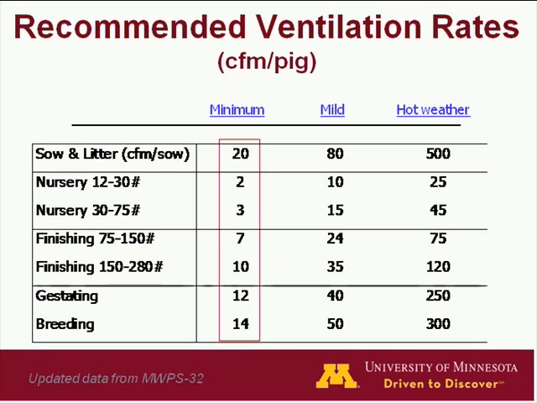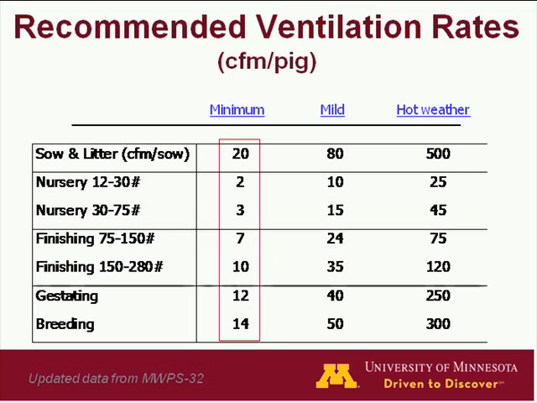But the minimum rate is very important, so that we don't move more air than that, because often if there are small animals and very cool or cold temperatures outside, we may have to use excessive supplemental heat to maintain temperatures.